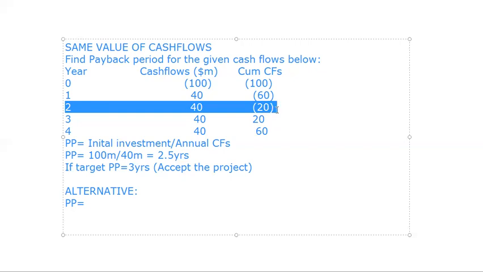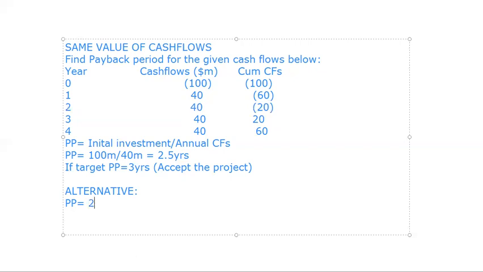This is the last negative value, year 2. So you put 2, and then you add: from negative 20 to 0 means 20, and you divide by the move from negative 20 to positive 20, that is 20 minus negative 20, which is positive 40.